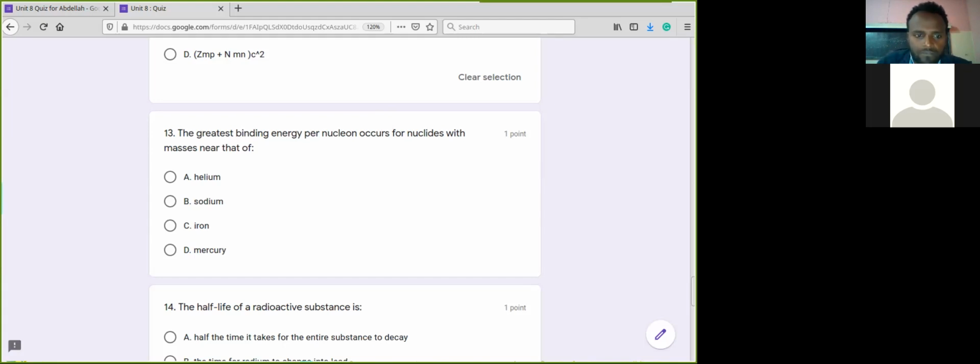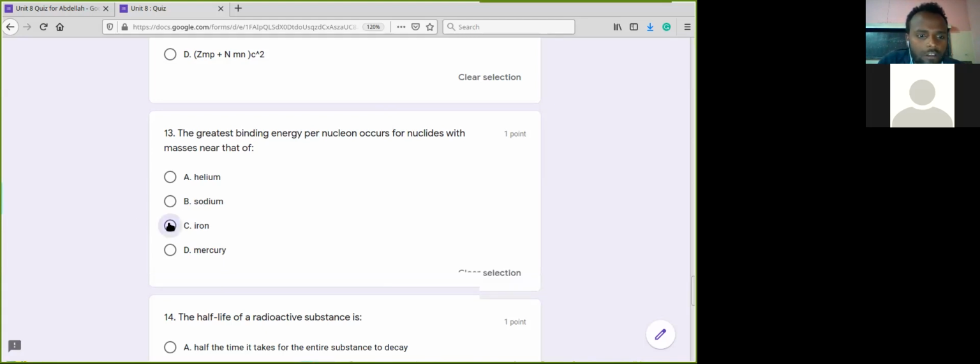Iron, very good. Therefore, the greatest binding energy per nucleon is around iron. Have you seen it in the plot of your textbook? Try to keep this in your mind. Maybe this will be one of your entrance exam questions.